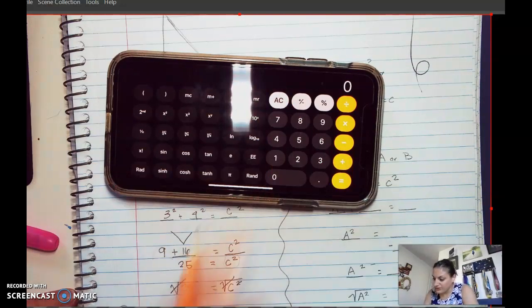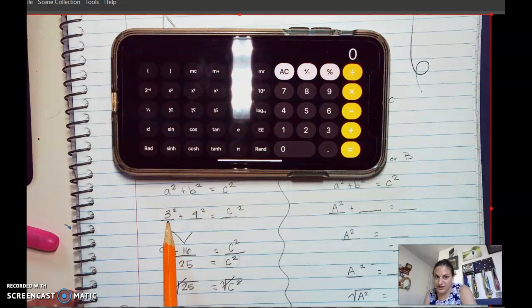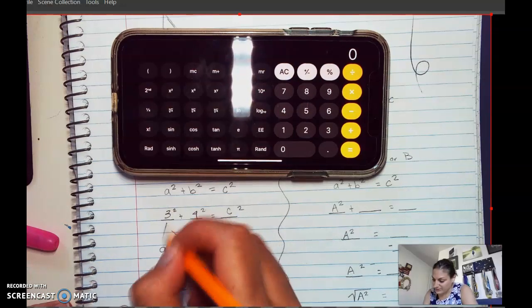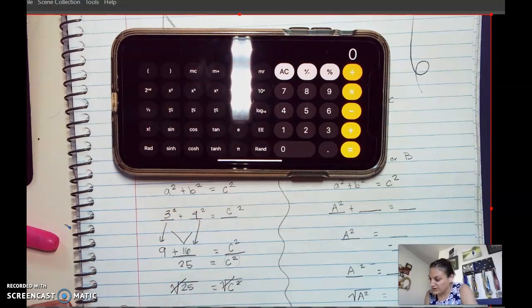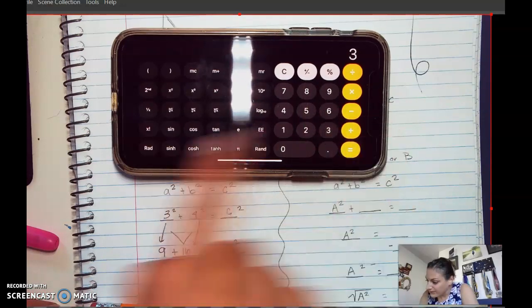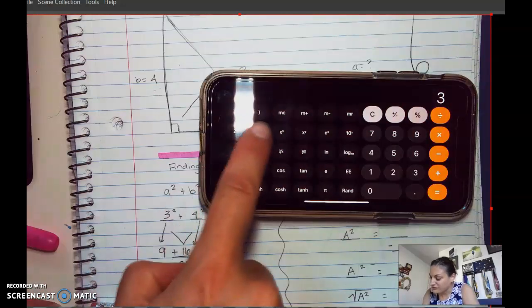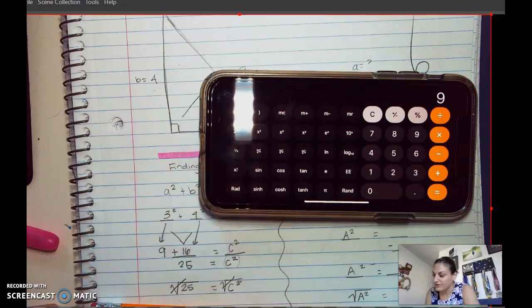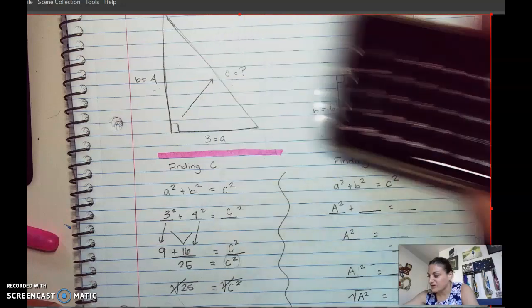So for here, where I was trying to figure out 3 squared and 4 squared, you would take the 3 and click this x squared button, and I got 9. Same with the 4. Only because if that's new for you.